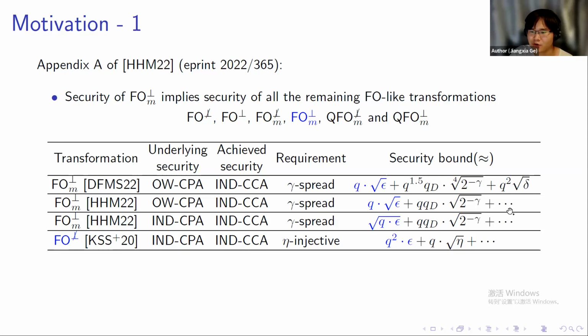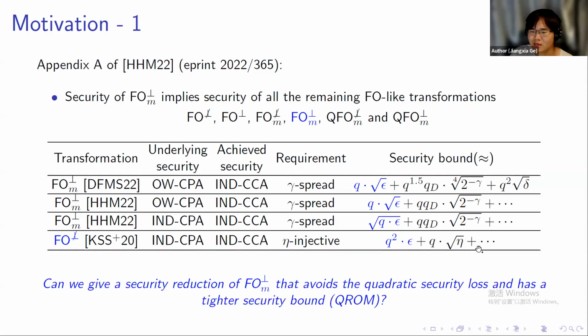Here, in the security bounds proved by Hofheinz and Kuchta, they use the success probability of some correctness games to denote the correctness error, and we omit this term in this slide for simplicity. So this raises a natural question. In the QROM, can we give a tighter security reduction of FO with subscript M, or is the quadratic security loss necessary, or is there a tighter security bound than the one proved by Jiang and Hofheinz?